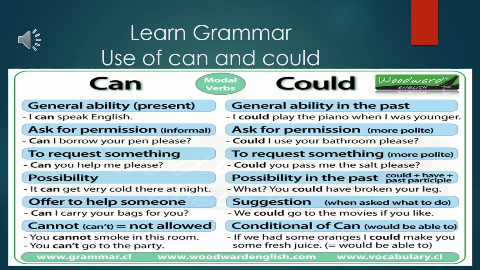In the simplest way, they say if we had some oranges, I could make you some fresh juice. That means I would be able to make some fresh juice for you if we had some oranges. So that's how could will be used. So this is the difference between can and could.